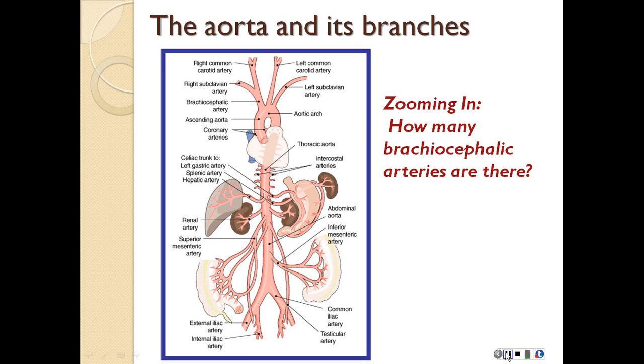Another thing, when you look at this picture, just looking at where the arteries are, let's take the carotid arteries. You should have an idea what the role of the carotid artery is to some degree. Think about that for a minute.